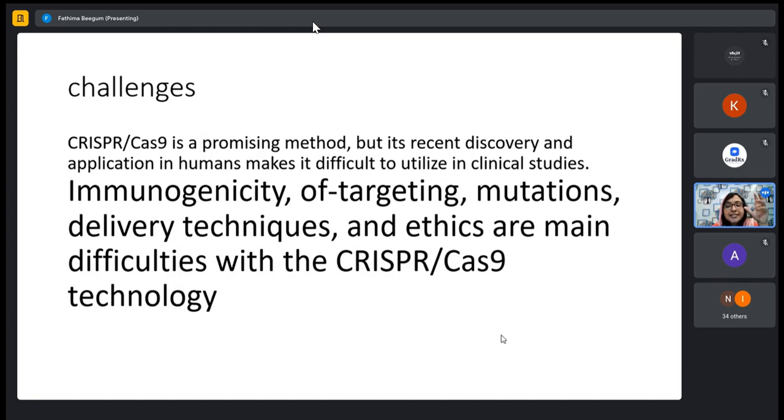In SCID, it is an example of off-targeting. Scientists used this particular CRISPR technology. For SCID treatment, a particular sequence was edited, and it was found that along with that sequence, mutation also occurred in the nearby sequence.